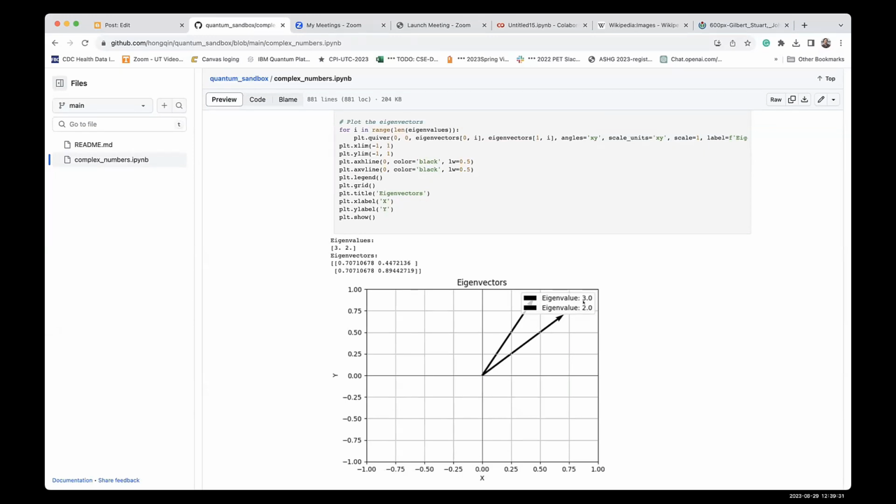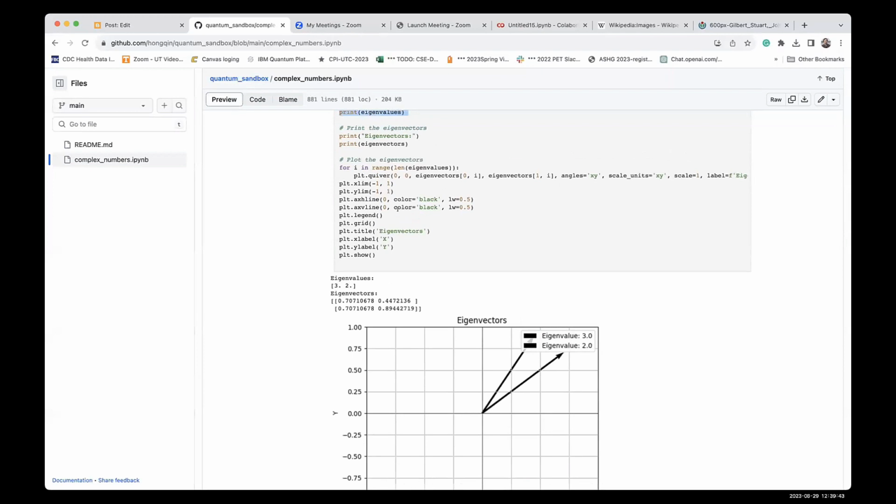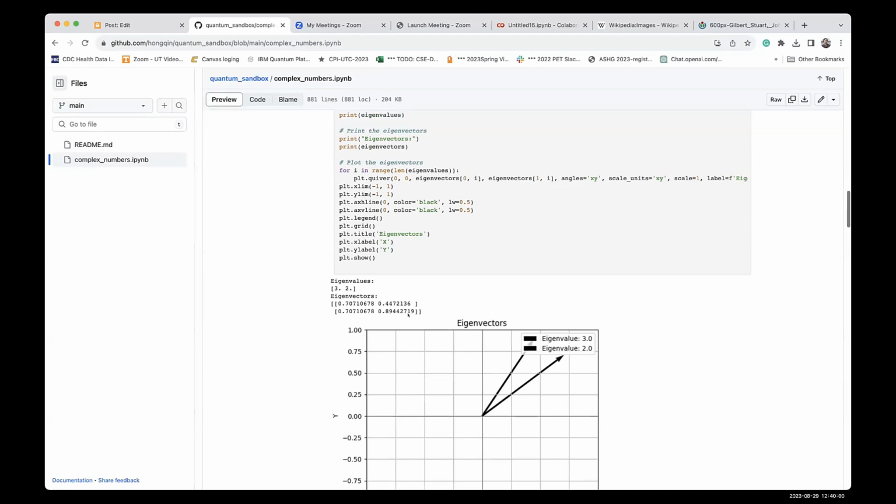Huh, the way this is plotting, okay, my apology, the plotting doesn't seem to go with the arrow. Okay, this is a bit disappointing. The legend isn't overlaid with the actual vector, but the print information is correct. Eigenvalues 3 and 2, eigenvectors, this is basically 1, 1, this is 1, 2.